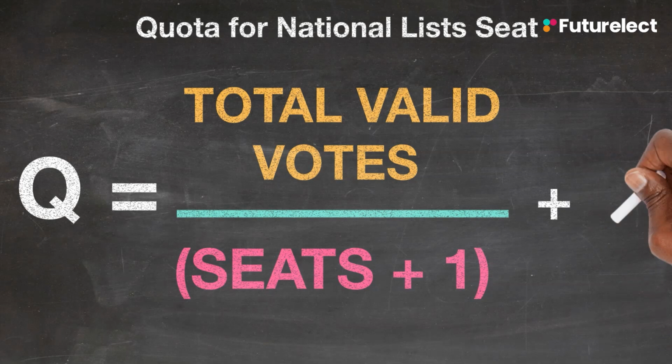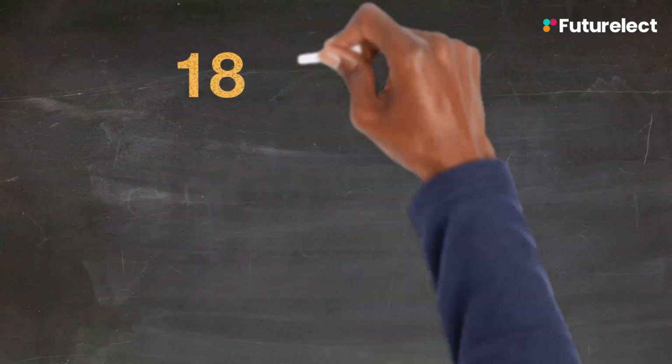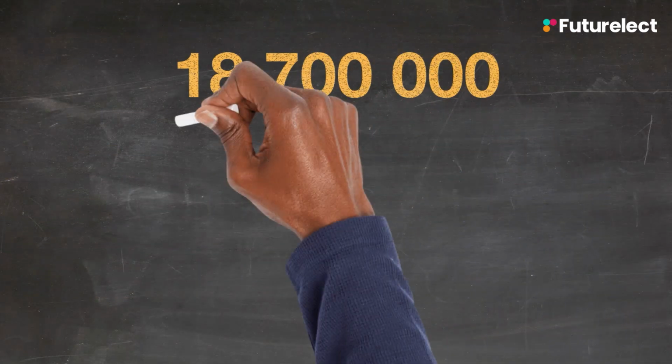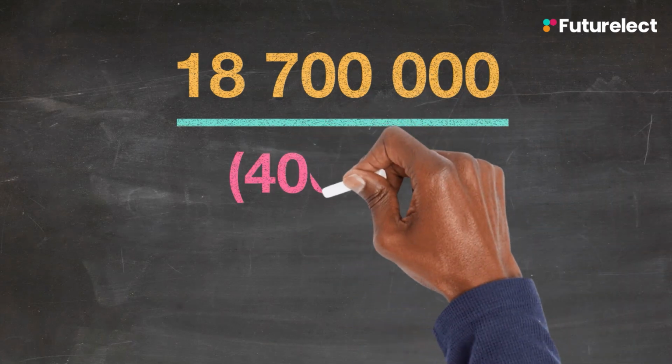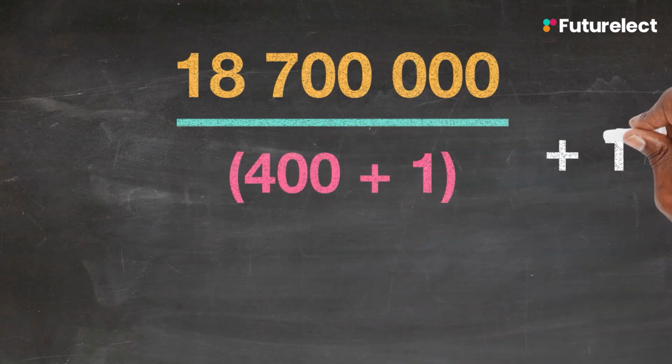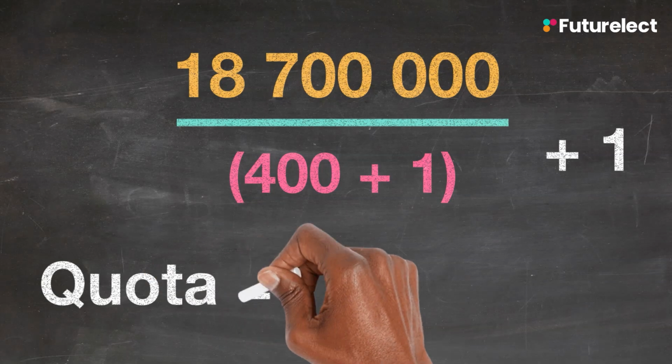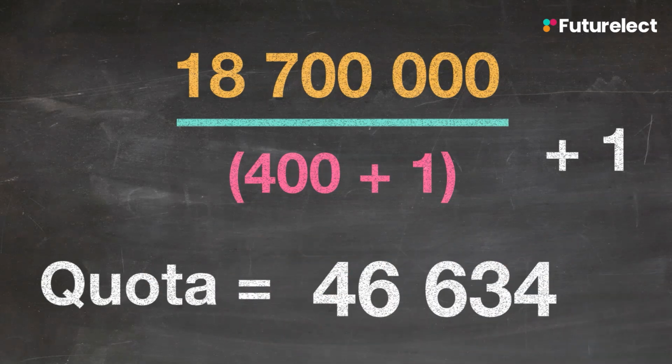So, if there are a total of 18,700,000 valid votes cast in the next election, that number is divided by 400 seats plus 1 for a total of 46,634 votes per seat. This number is the quota for one national list seat in Parliament.